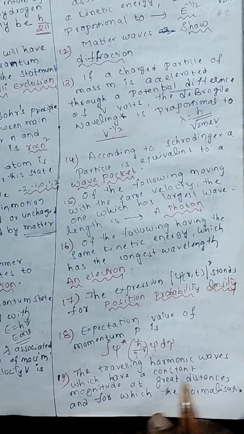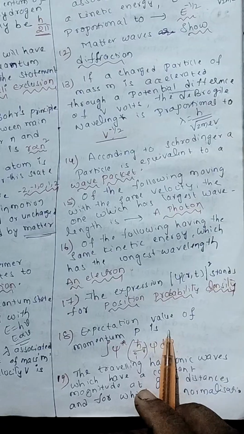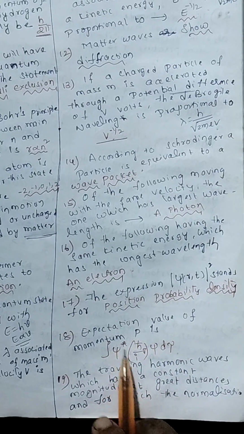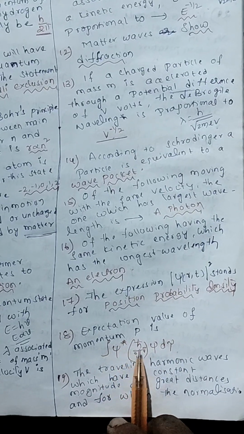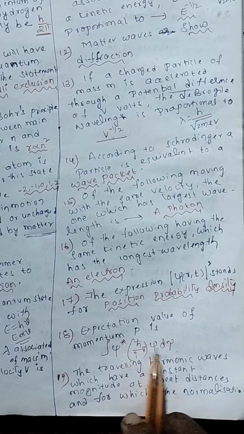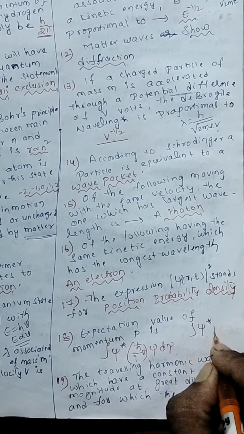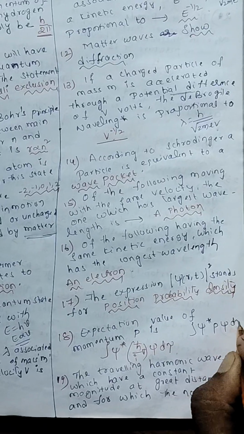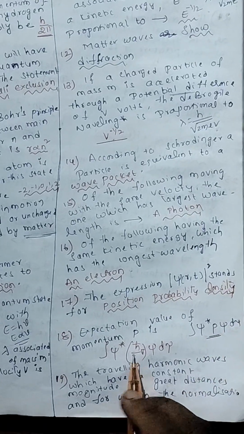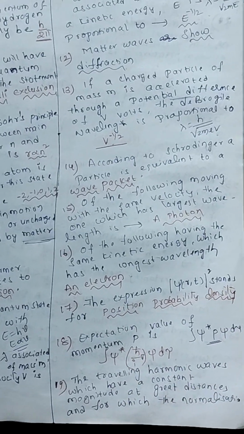The expectation value of momentum P, how will we write it? Integral psi star, the momentum operator P, psi d tau. Here, the P operator I am writing as h cut by i into delta.